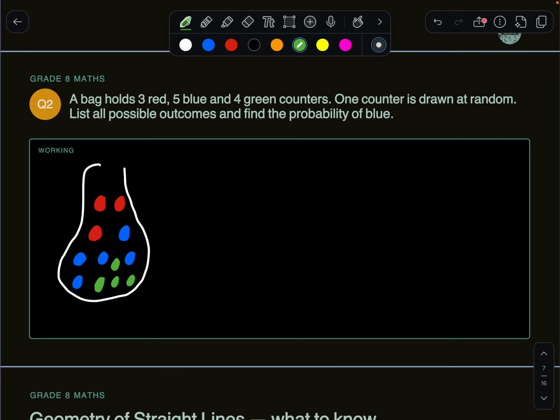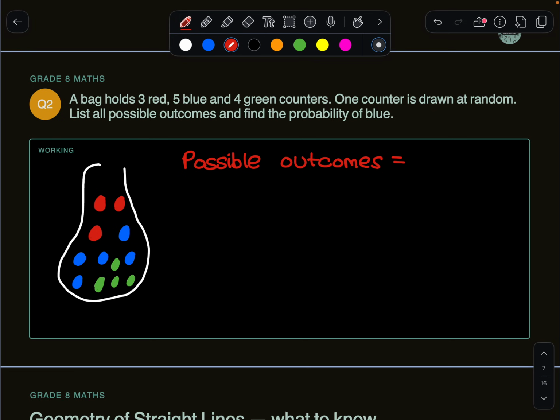One counter is drawn at random, list all the possible outcomes. Okay, so what basically that just means is if I take a counter out of this bag, what could I get? So you just have to list everything you could get.